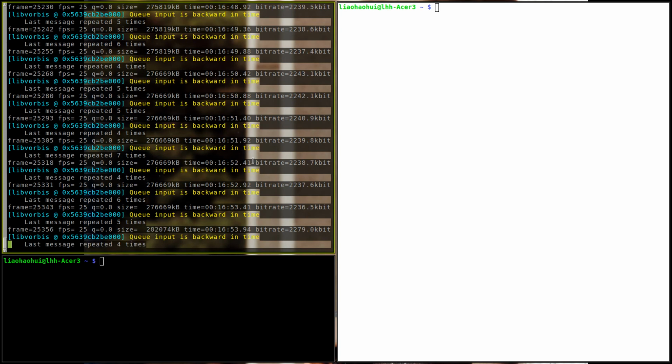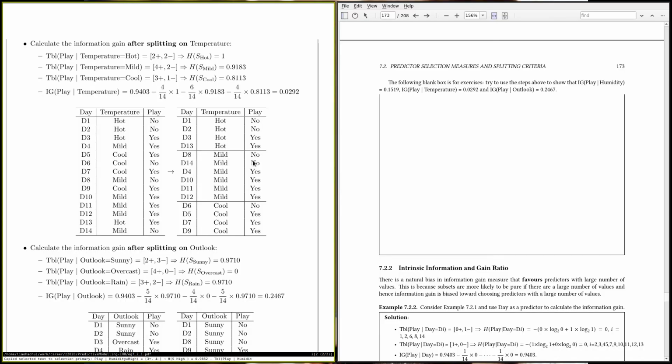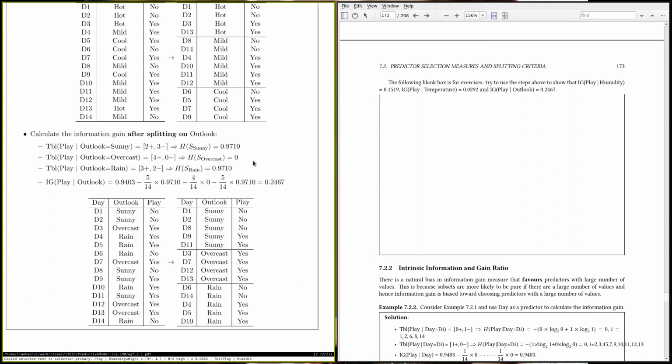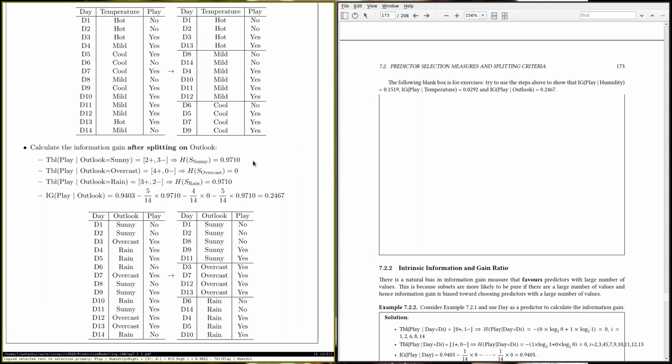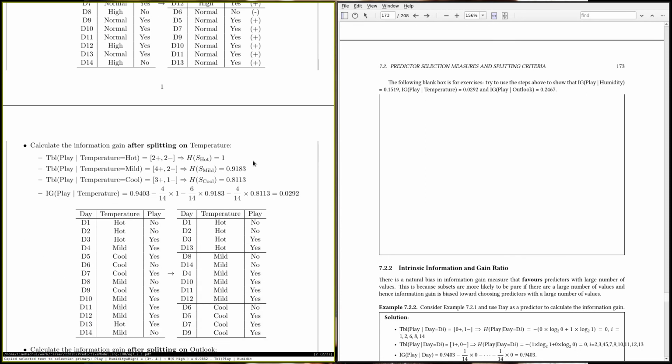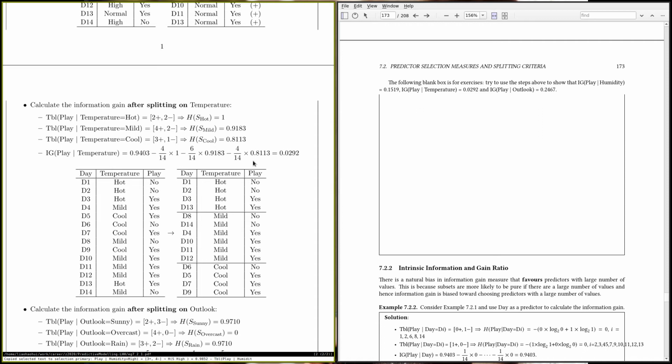For mild, we have 4 yes, 2 no. And we again calculate the entropy and so on and so forth.